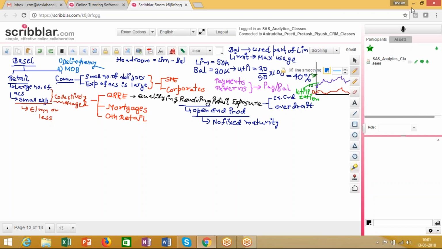Okay. Before I move on, I'll take up a question that Preeti has. As you have correctly identified, Preeti, MOB stands for month on books, the number of months an account has been on the books of the bank.